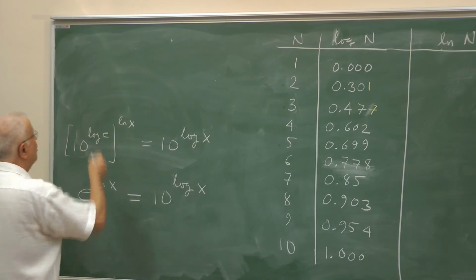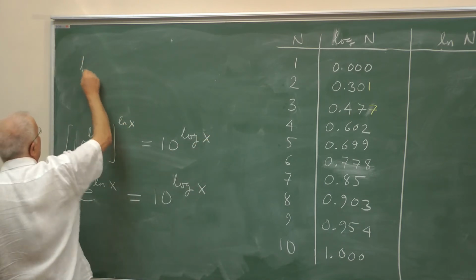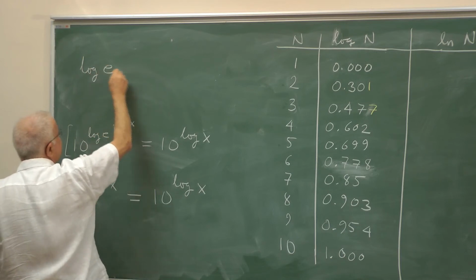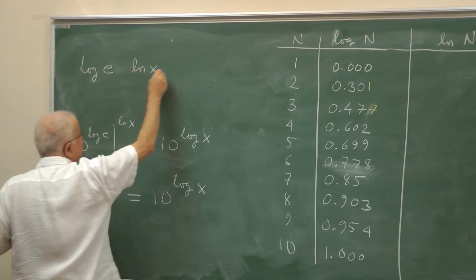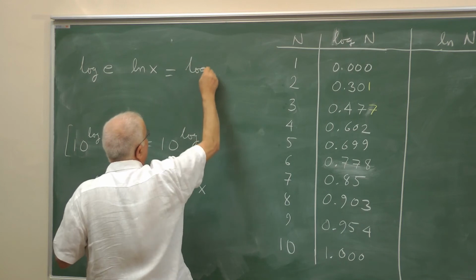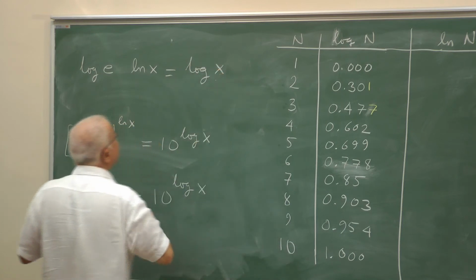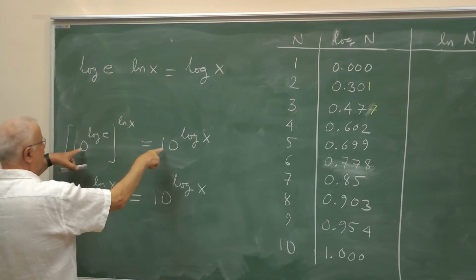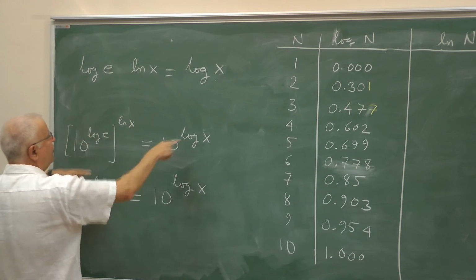So, log e times ln x equals logarithm of x, comparing the powers of 10.